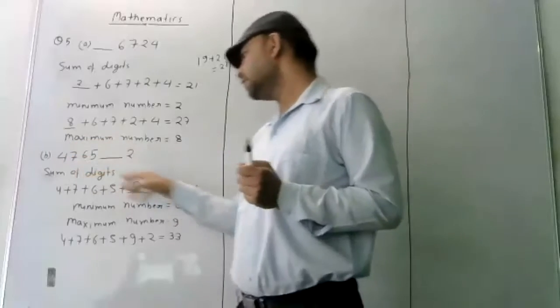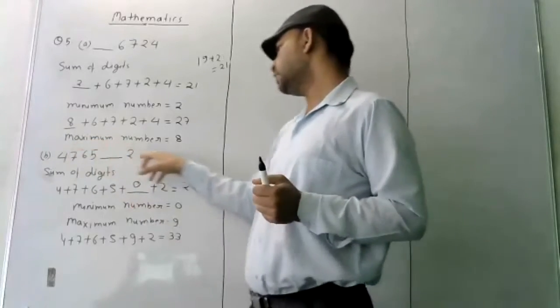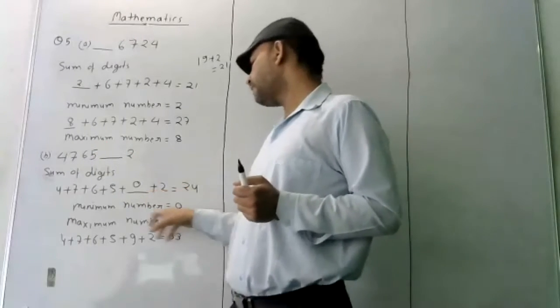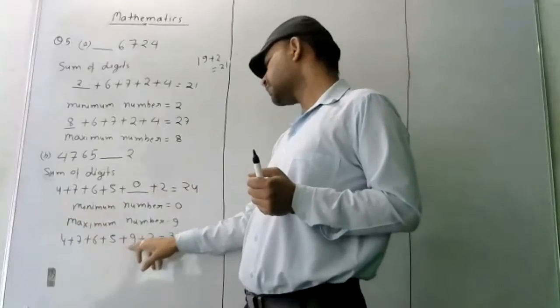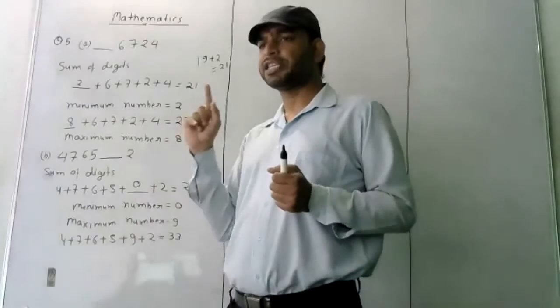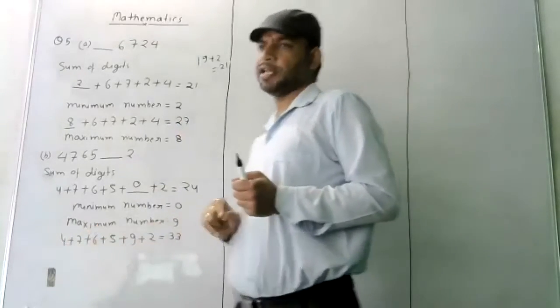In the other number, the minimum number is 0 because the sum of the remaining digits is 24. So the minimum number is 0 and the maximum number is 9, because 9 is the largest one-digit number. So the sum is 33.